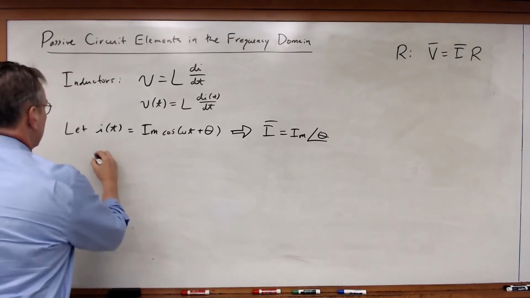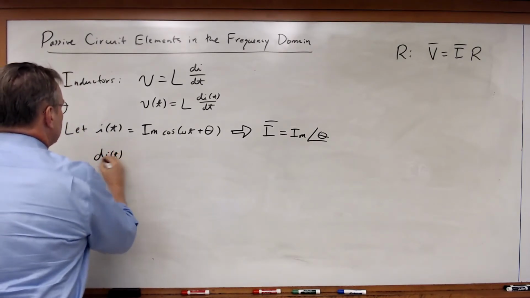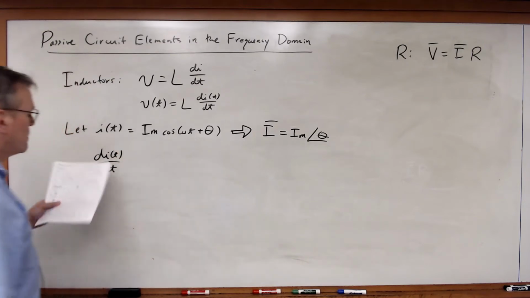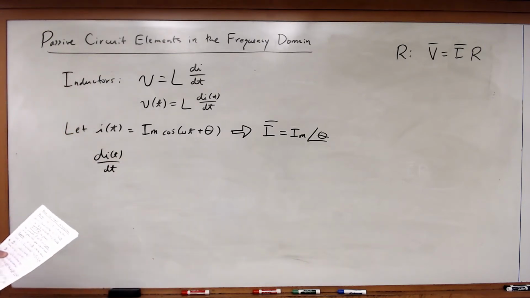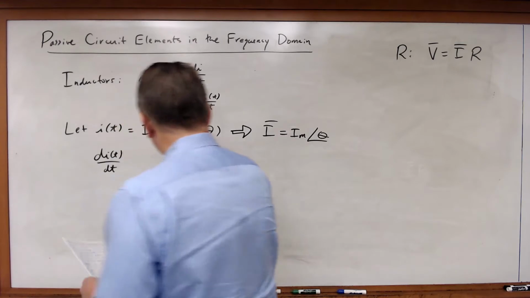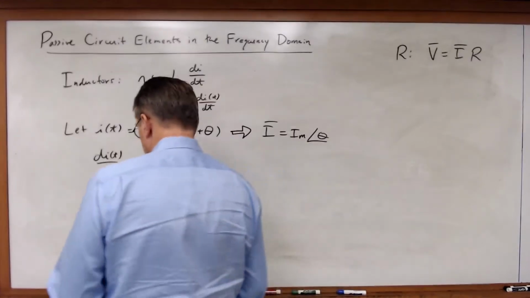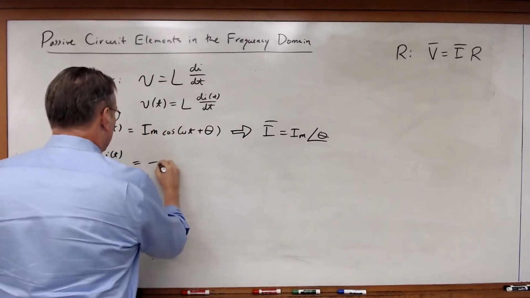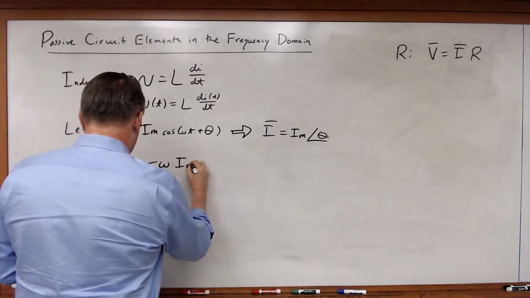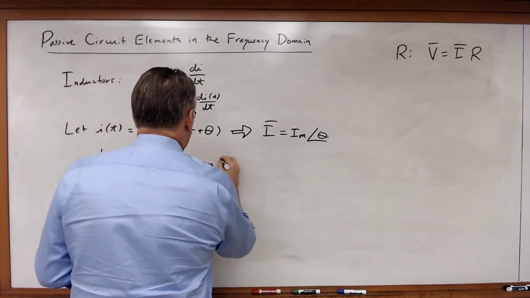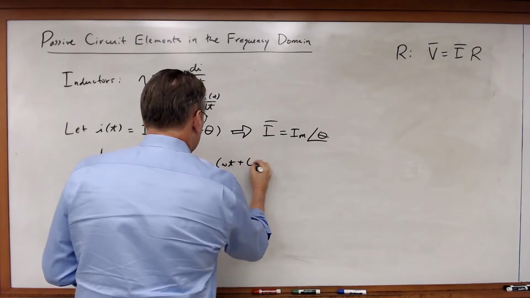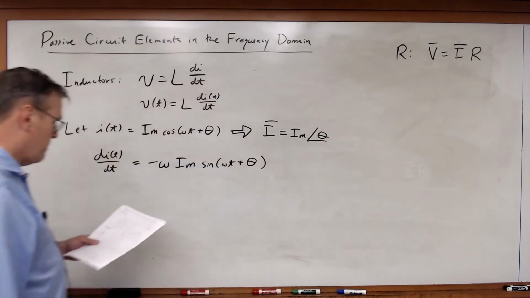So, let's consider what dI dt is equal to. What's the derivative of the current? Well, we're going to take the derivative of this sinusoid, and that will be equal to minus omega times Im times sine omega t plus theta.